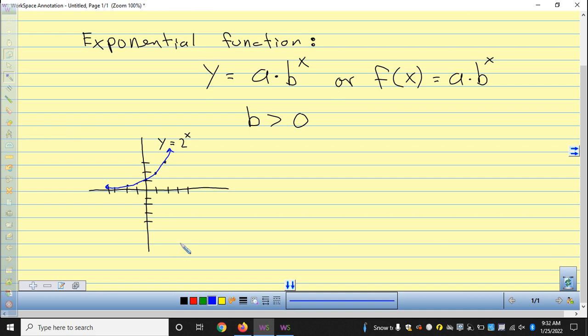And pretty much any exponential function is always going to look like that. And we'll talk about how we make these graphs in just a minute.